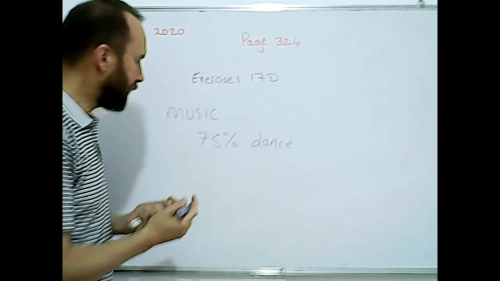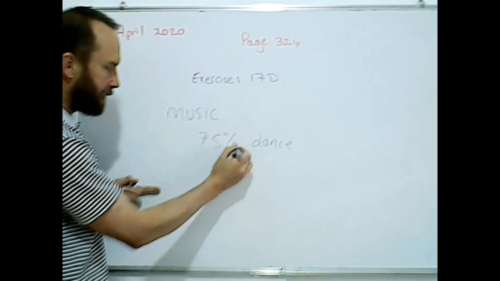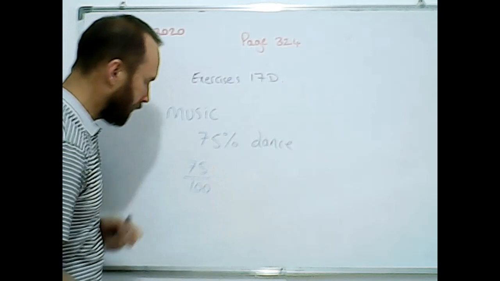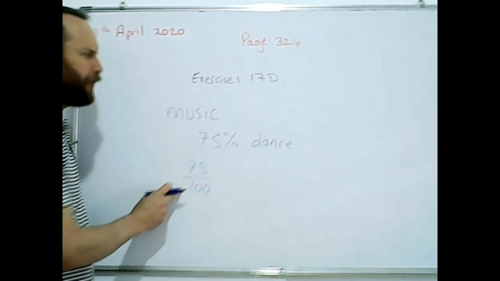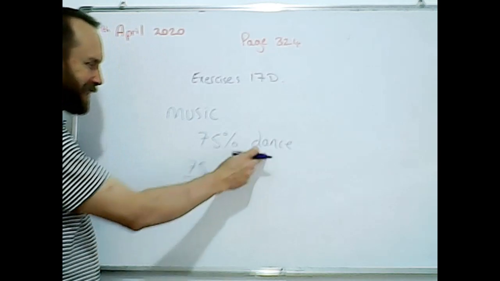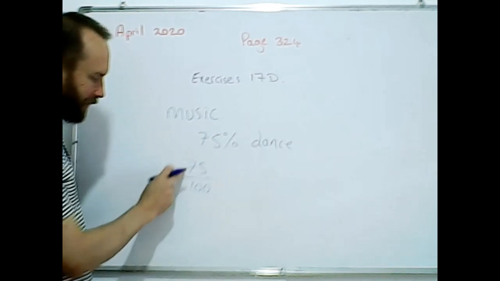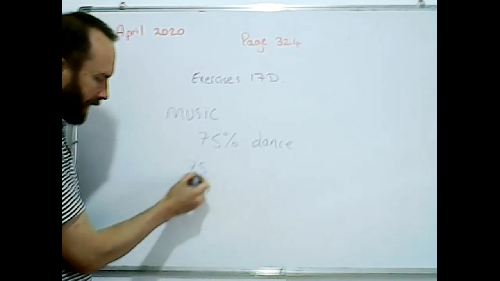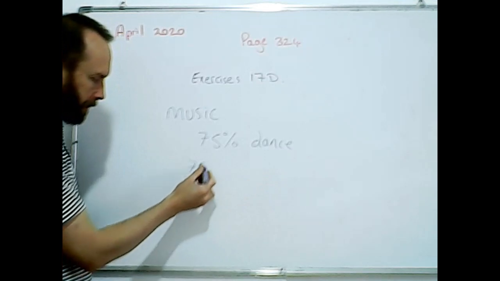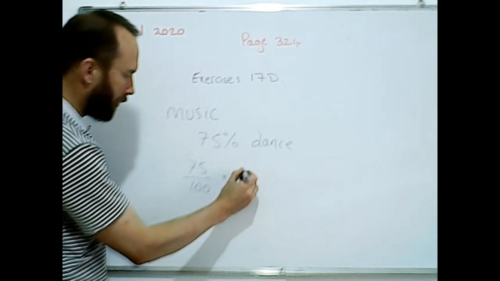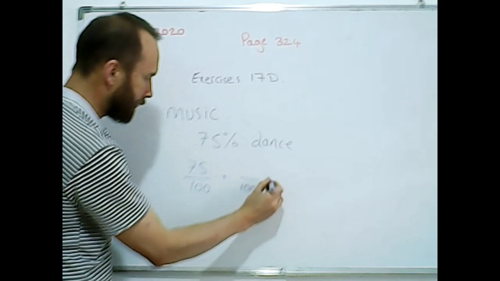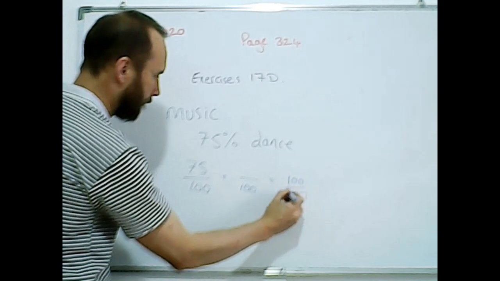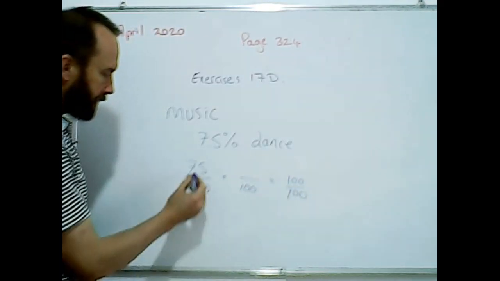How can we write 75%? 75% is 75 over 100, so we've got 75 100ths is dance. If 75 100ths is dance, what is the rest? We need to get a whole number altogether. 75 plus what over 100 equals 1, or 100 over 100.